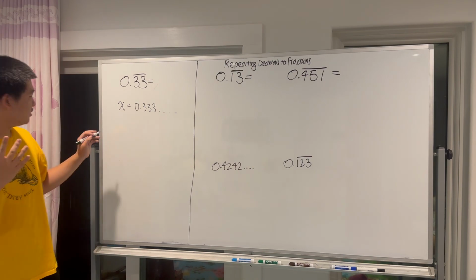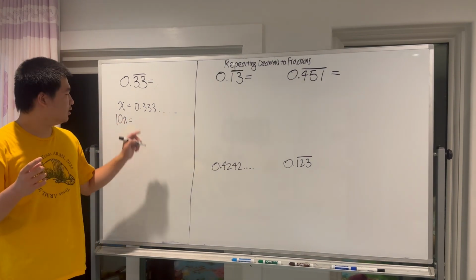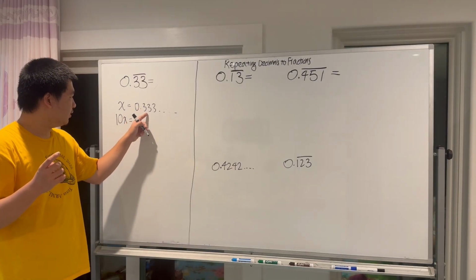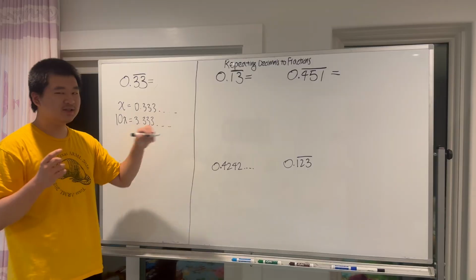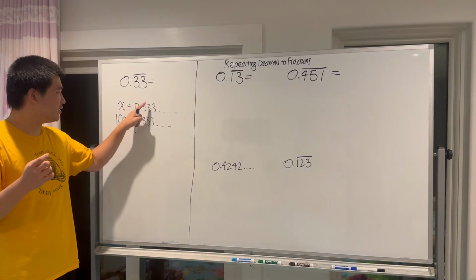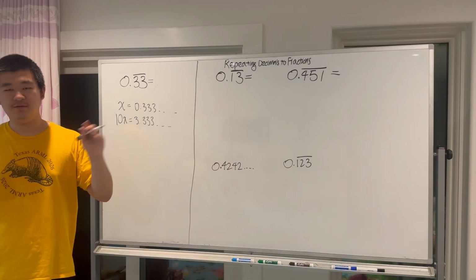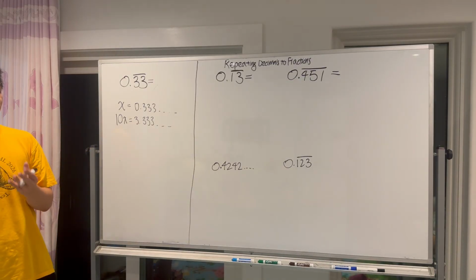So the process that we do here is 10x. We simply move the decimal point 1 to the right, and we get 3.333. And this is exactly what we want, because if we subtract these two, you'll now notice that these will cancel out exactly. All these infinite 3's after the decimal place will become zeros, and we'll be left with just a whole number.